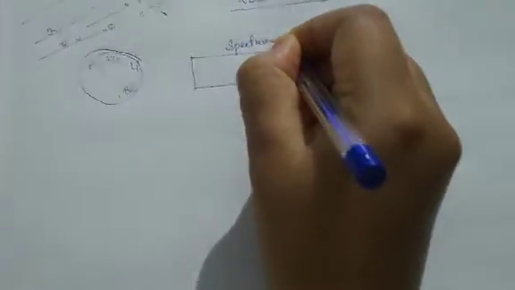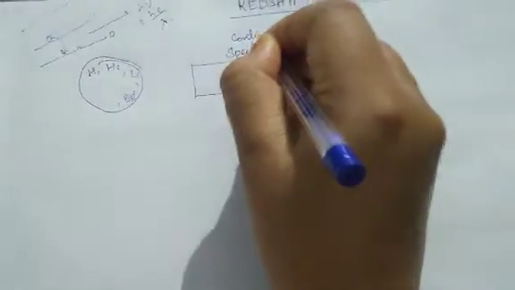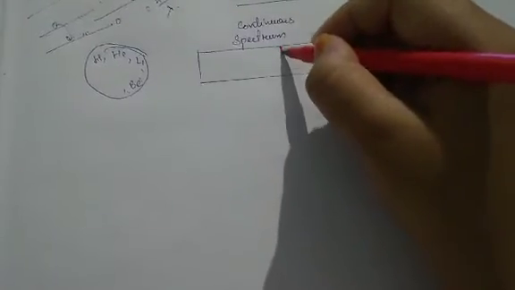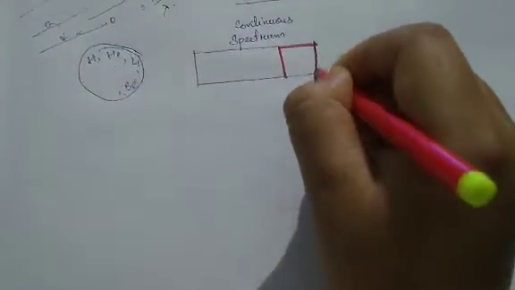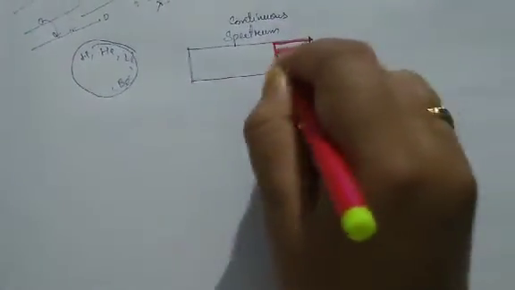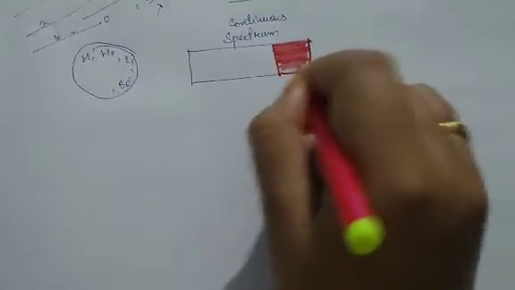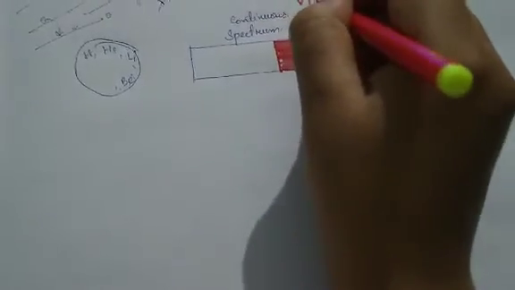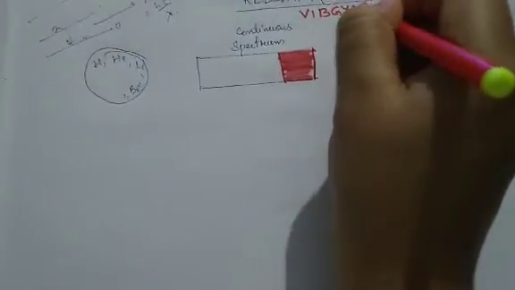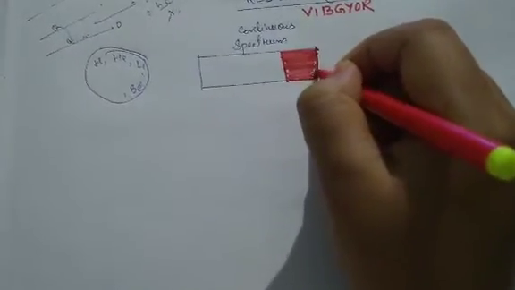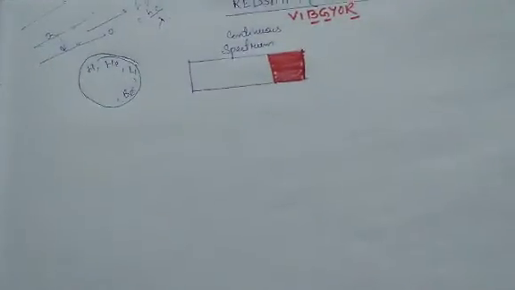This is the continuous spectrum of a star. You know that red is the highest wavelength. Let this be V. I will consider red, green and blue.